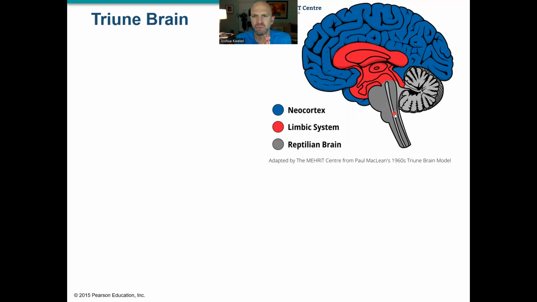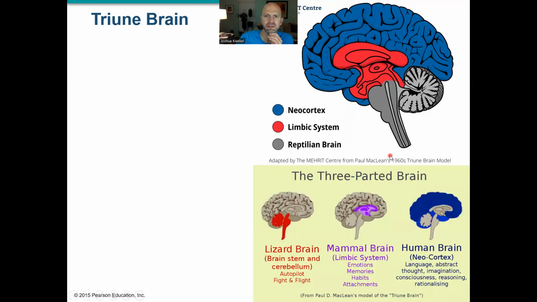In the red is the limbic or the emotional brain. And in the blue, all the rest of it would be the neocortex or the human brain, or the mammalian brain, as different people call it different things. There's one more here. The three-parted brain, same thing as the triune brain.